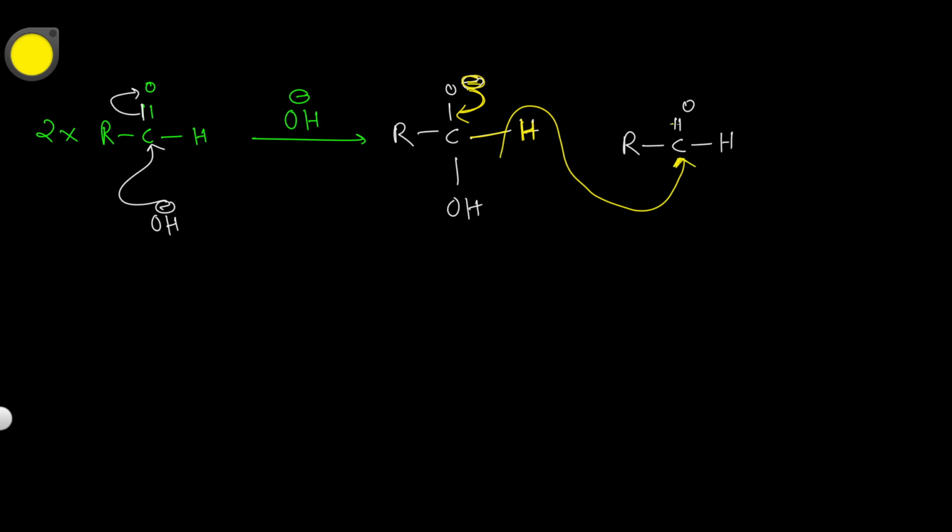Then this bond will shift onto the oxygen, and you will get something like this, C double bond O, and here OH, plus this molecule RCH2O minus, and here is an H, and here is an H.